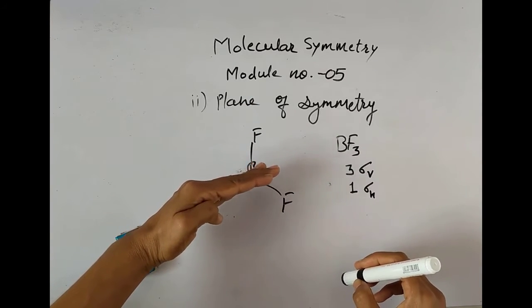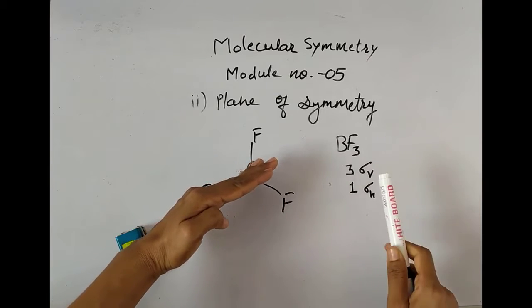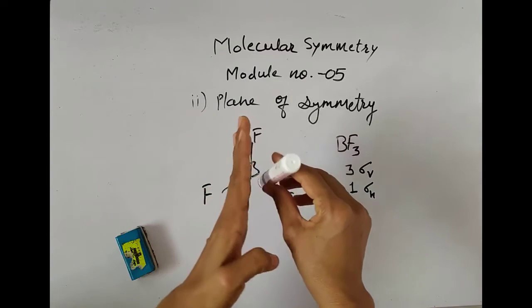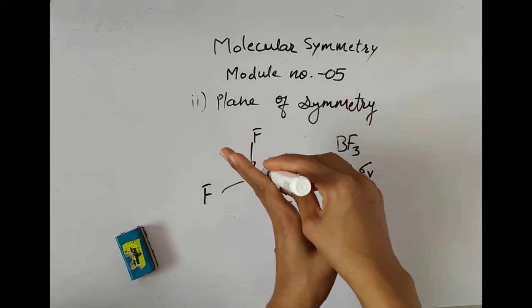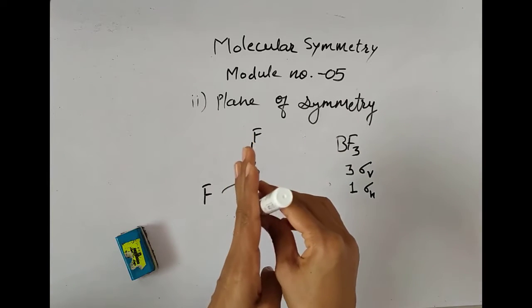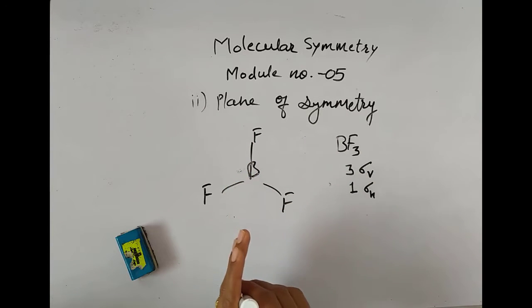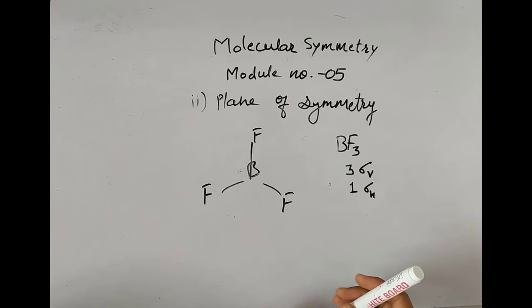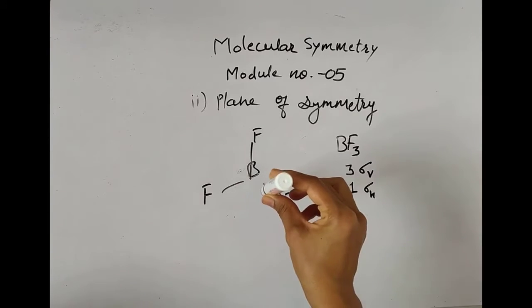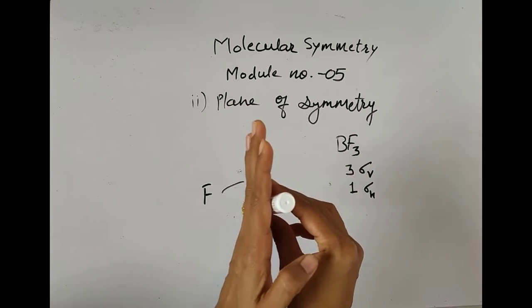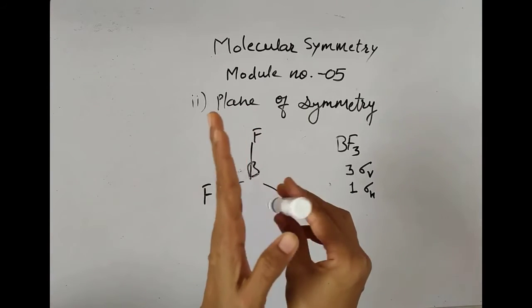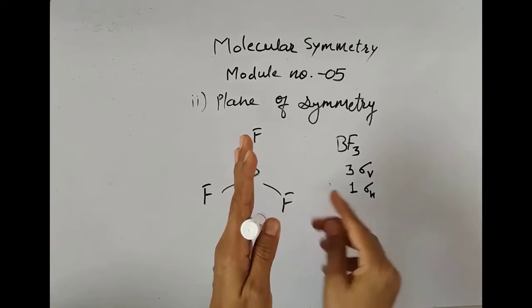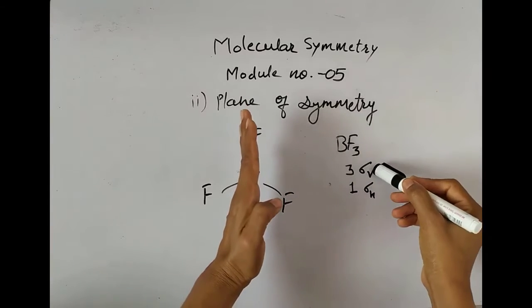These were the 3 sigma v's in BF3 because all these 3 planes are parallel to the principal axis. Another meaning of parallel is that the axis and the plane are lying in the same plane, or they are coplanar. So you can call the plane vertical in nature.